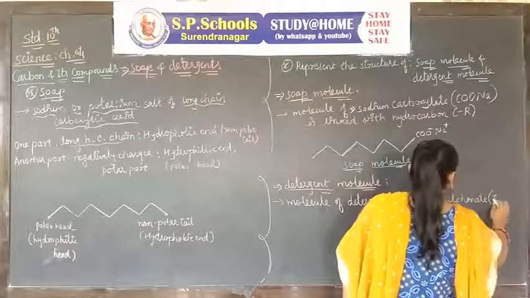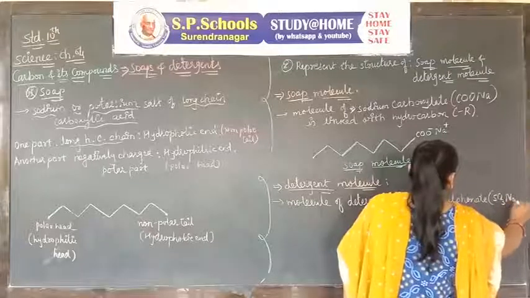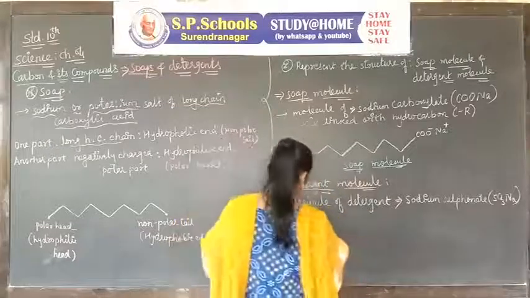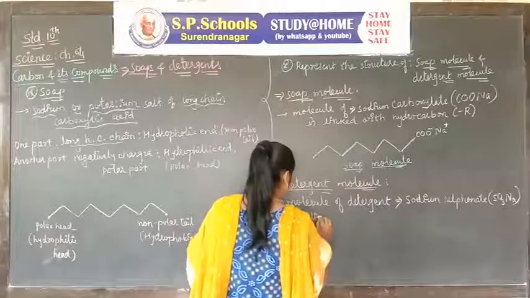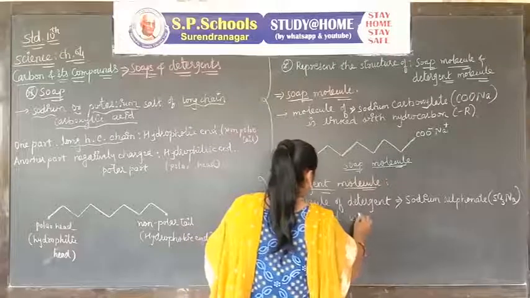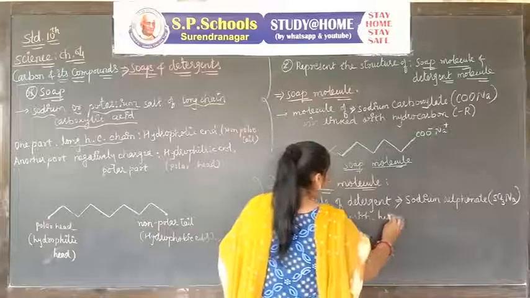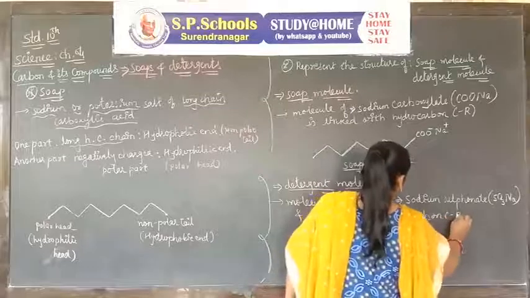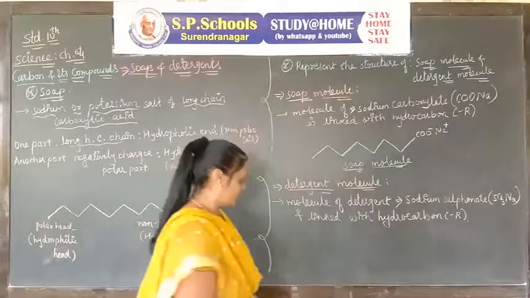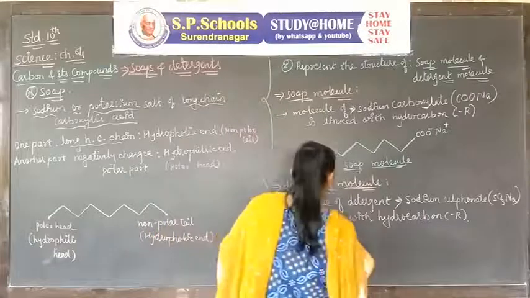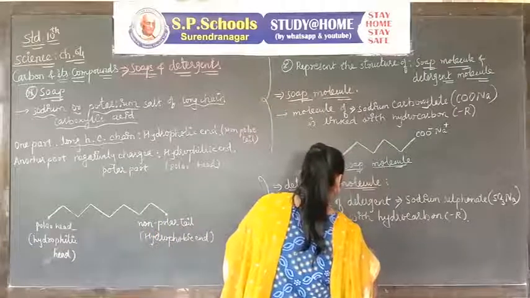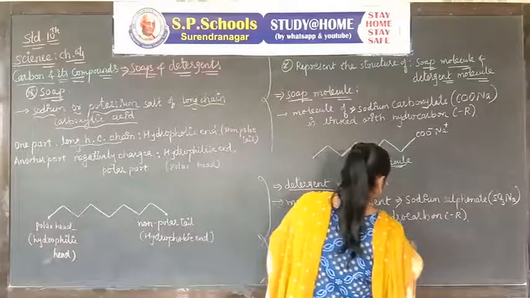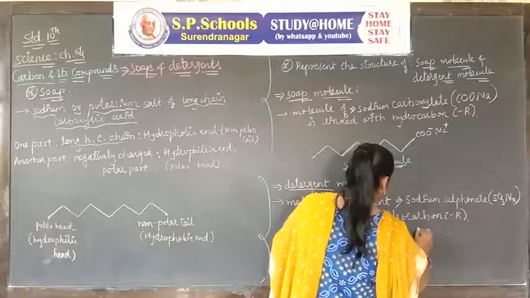The formula is SO3Na, sodium sulfonate, and it is also linked with hydrocarbon R. So here we represent it as SO3 minus Na plus.